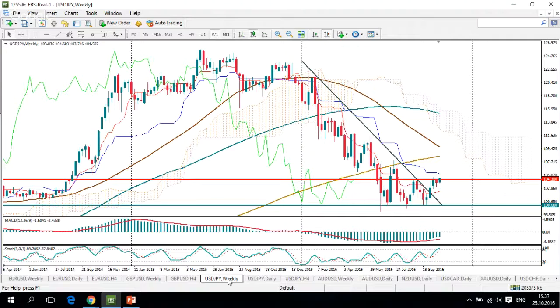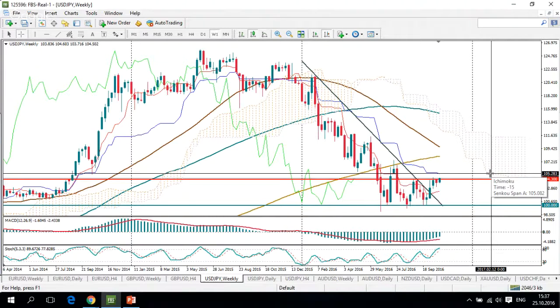This level represents the late August and September highs. On the weekly chart, we saw that after 3 weeks of growth, there was a correction to the downside, but the new week is beginning in a good way for the US dollar, and there is some scope for the US currency to get a bit higher.